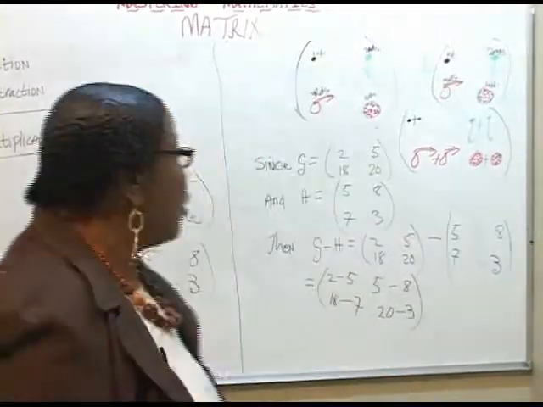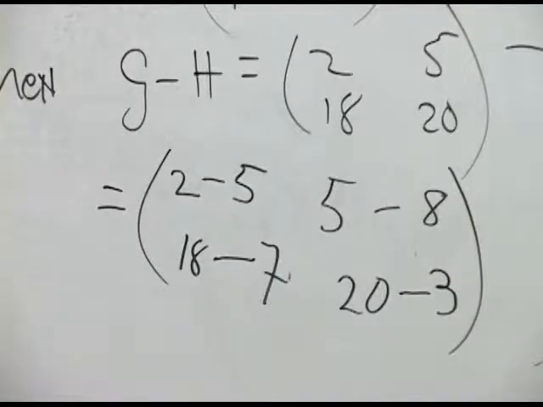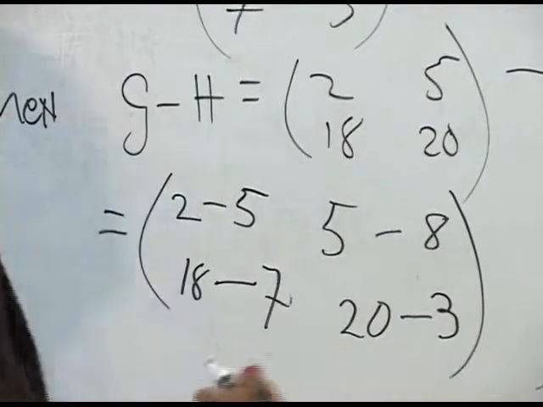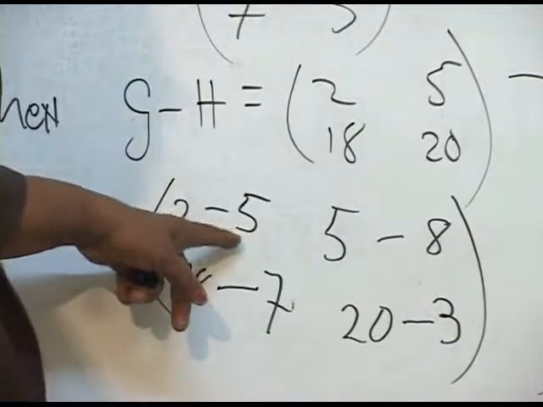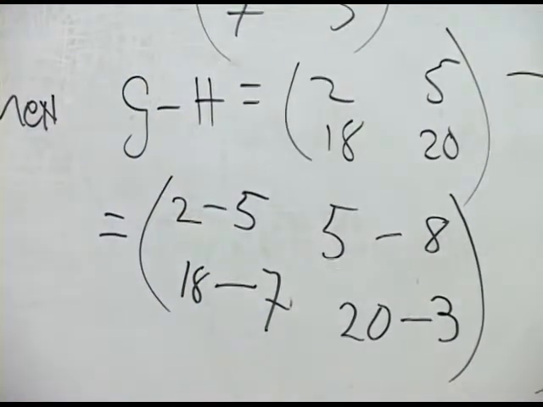So you can't just think because you're saying 2 minus 5 that you're going to treat it as if it's 5 minus 2. There is a difference, and it will make a great negative impact on the answer that you're getting. So it's always our first number minus the second number.